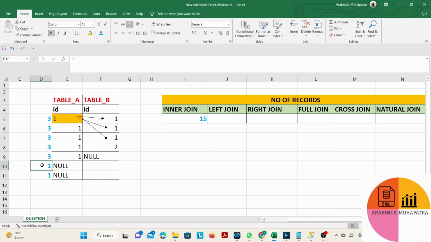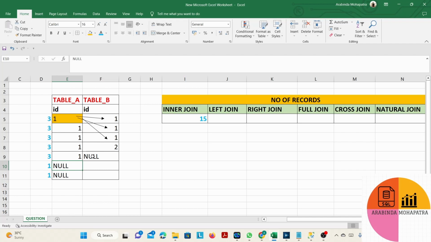If you look here, this null is not present in this table. Null cannot be equal to null. Null means there is no value. Although it looks similar, from the SQL perspective null cannot be equal to null.